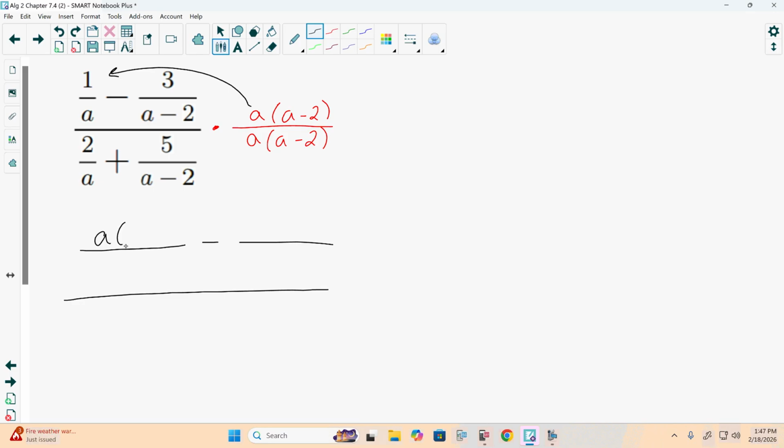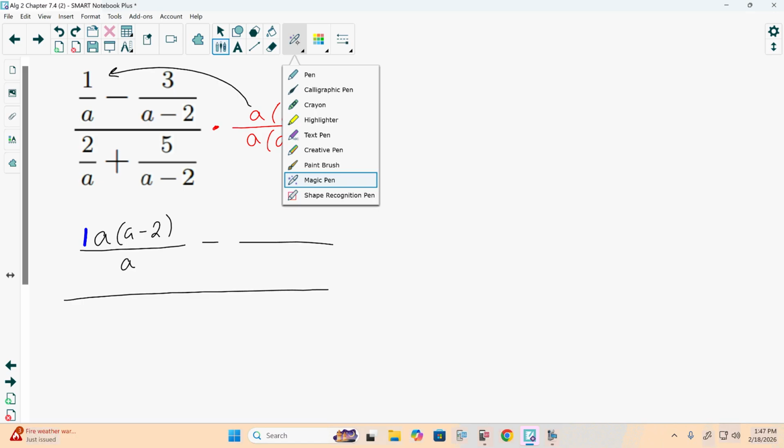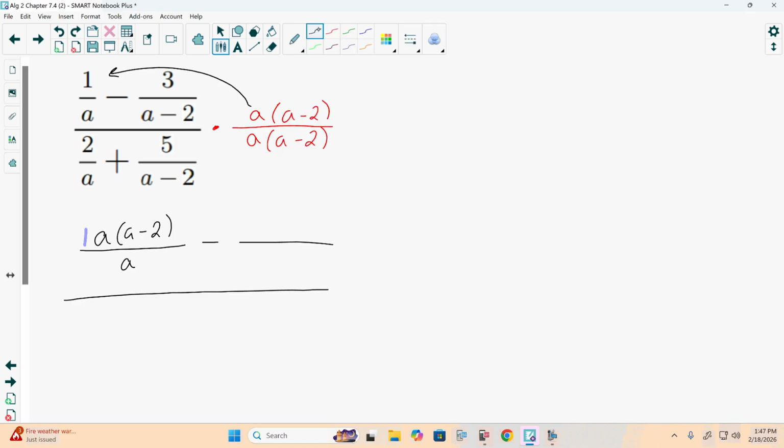Well, a times 1 is just a times a minus 2 over a. I could really write 1 times a minus 2, but it's understood to just be a times a minus 2. We'll do the same thing with our 3. So we'll have 3 times a minus 2 all over a minus 2.